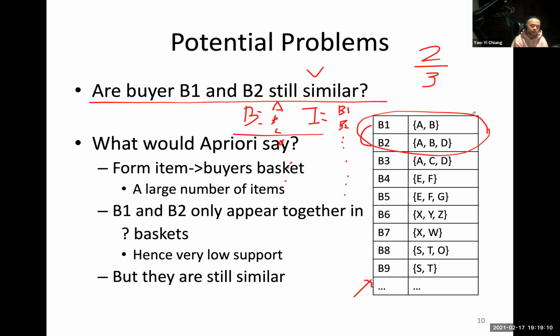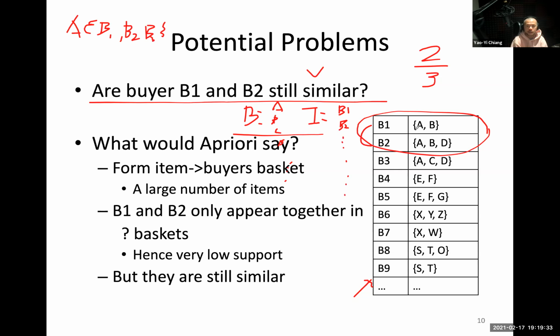So if we want to use a priori, the problem becomes, all right, you have basket A, contains what? B1, B2, anything else? B3, great.